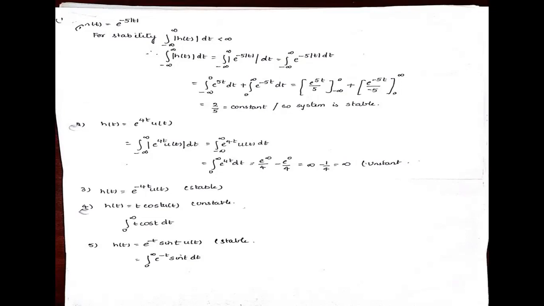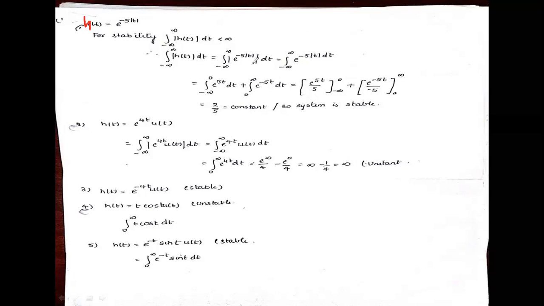It is satisfied for the stability function, the integral minus infinite to infinite h of t dt is equal to, what is the h of t given? H of t is e power minus 5 magnitude of t. Substitute here, dt, integral minus infinite to infinite.